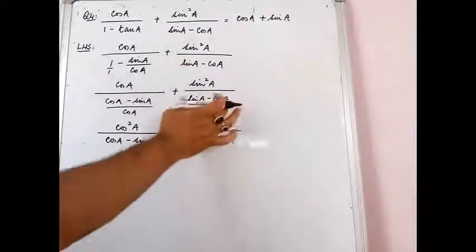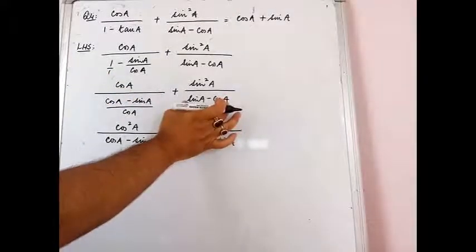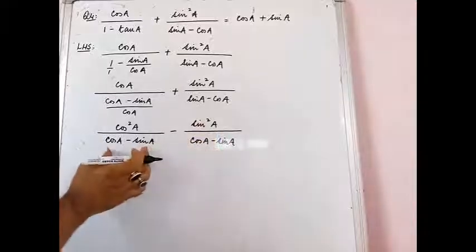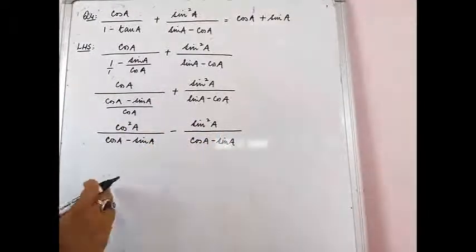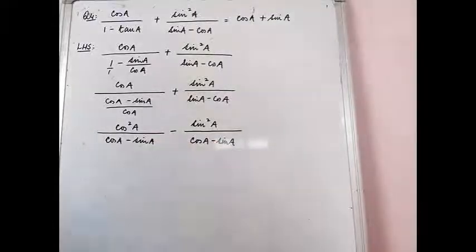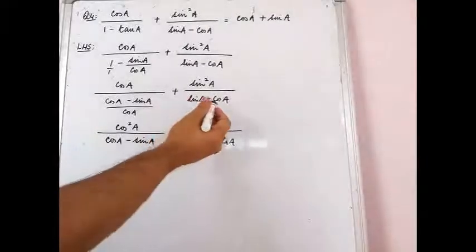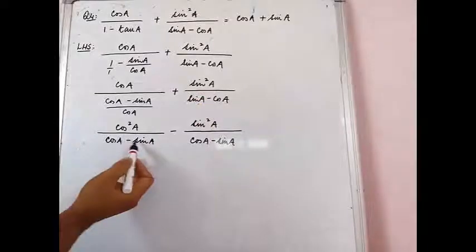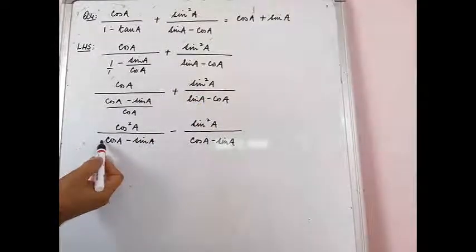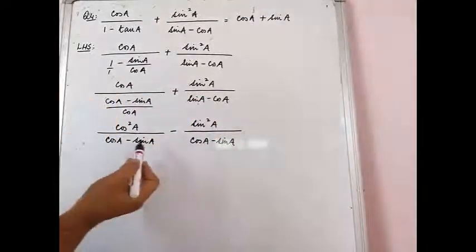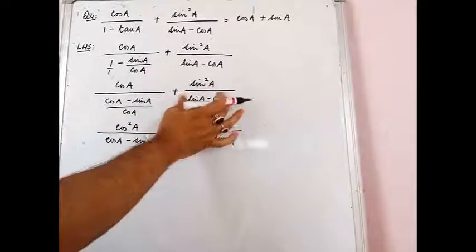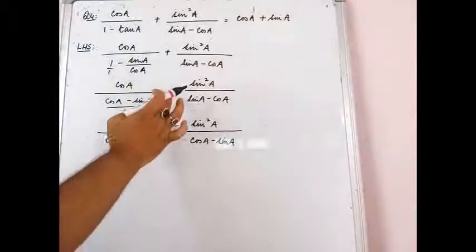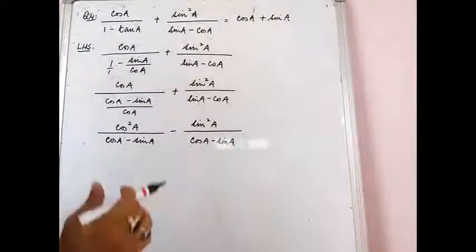The reason I am taking minus sign common from here is so that I get the same denominators, which will ensure that in the next step I can take a simple LCM, because the signs of sin A and cos A were different. Here cos A was with plus, here cos A was with minus, here sin A was with minus, here sin A had a plus sign. So I took out minus common from this, making this minus, and therefore this has changed.